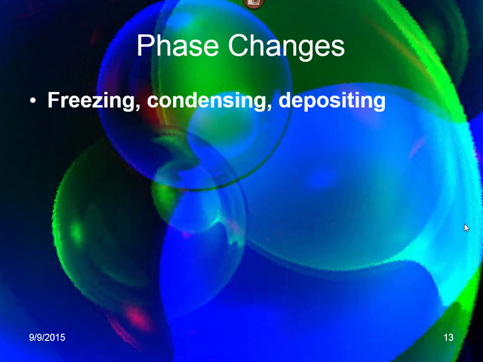The other three are, of course, the opposite. You could probably fill these in on your own, even without me explaining it to you. Freezing, condensing, and depositing, we're going to be forming bonds. Again, bonds isn't quite the right word to use here, but it is the easiest one to use for now.